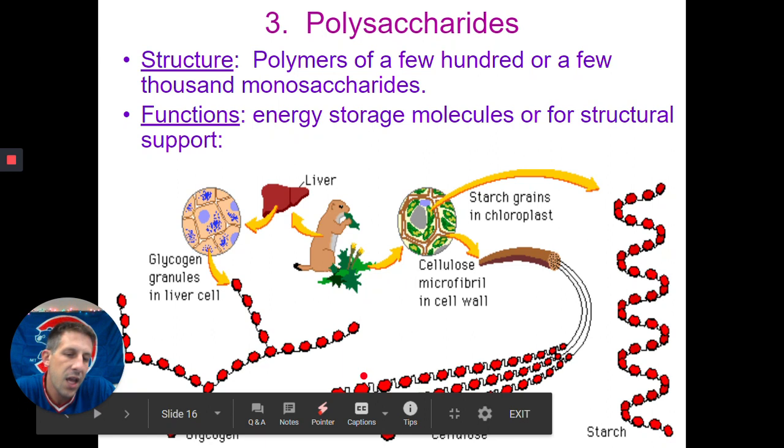The structure of the cell wall, those fibers, are very linear, very structured, very put together, because that is what we see in terms of the best design for structural supports. In fact, these cellulose fibers look a lot like rebar. If you know what rebar is, they put rebar in the concrete of buildings.